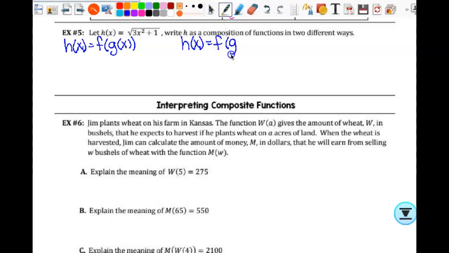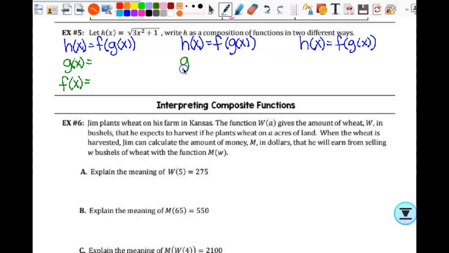And then underneath each one of those, I'm going to write down the same thing, which is g of x equals, and I'll tell you why I'm having you write all this stuff first. You can write down either one you want first. I think it makes the most sense to write down g of x first, just because you can pick the inside there. So just basically make 3 little things like this.